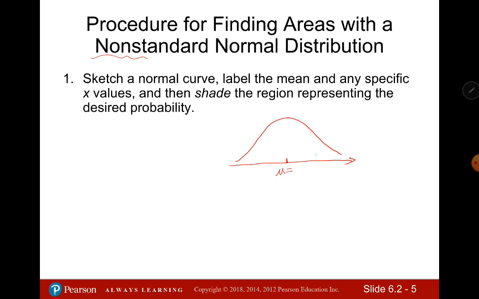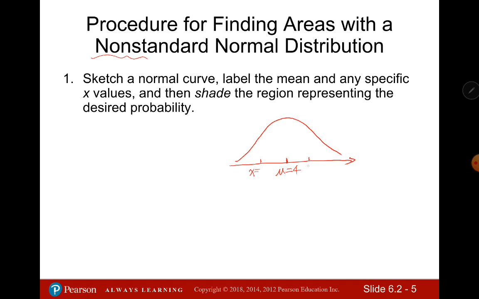For example, if our x value is greater than our mu, then we know the x should be on the right side of the mu, right? If the x is smaller than the mean, mu, then the x will be on the left side of the mu. For example, here we have mu equal to 4, and x equal to 2.